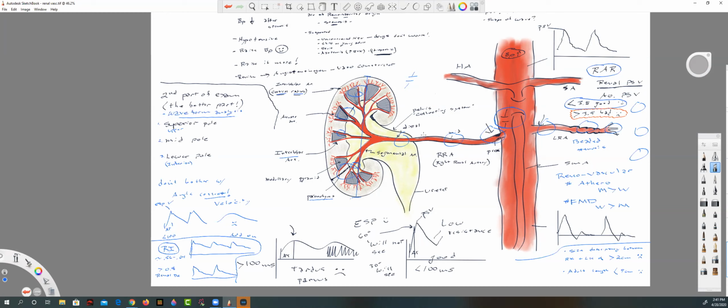Yeah. And when you get to the interlobar arteries, you're just doing one of each pair, I guess you'd say. Because chances are you're not going to see much. There are pictures you can find on the internet where the kidney is lit up unbelievably.